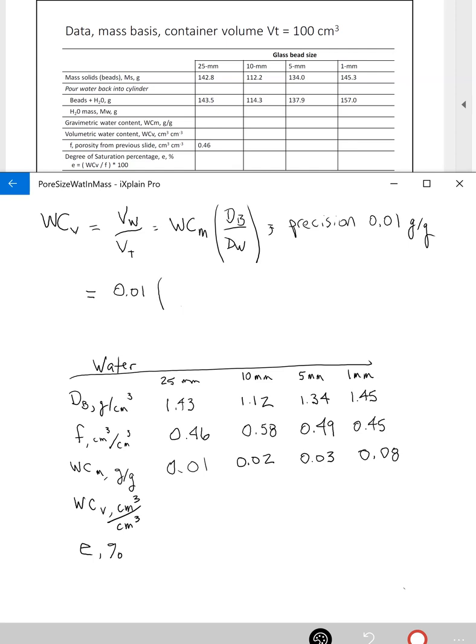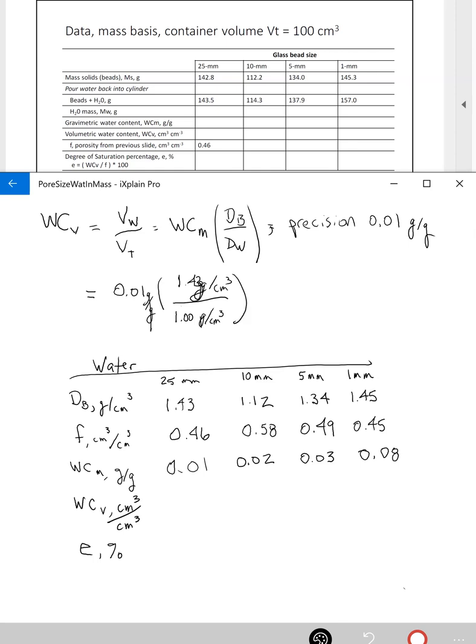We're multiplying, and that's grams per gram. We're multiplying by the bulk density, that's 1.43 grams per cubic centimeter. We're dividing by the density of water, grams per cubic centimeter.